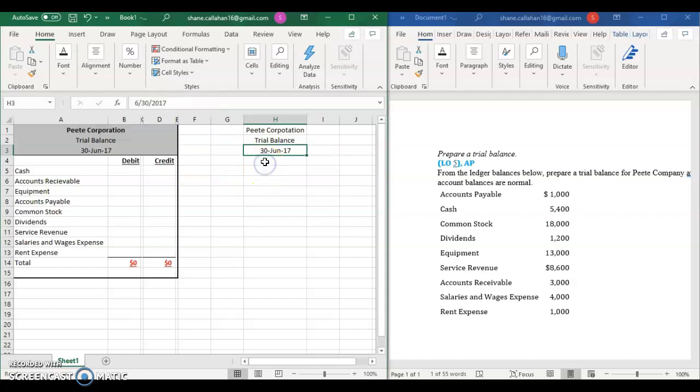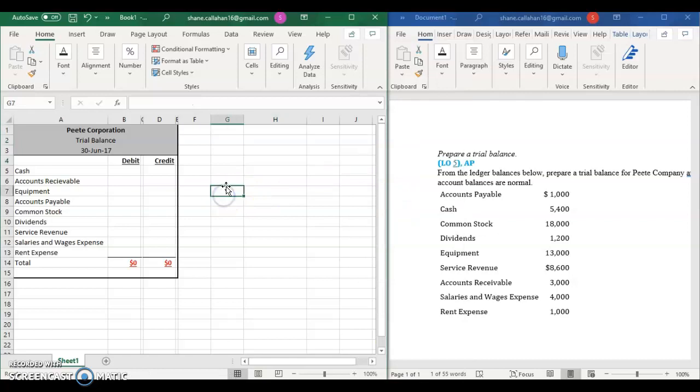And then you can follow along. Just put debit, credit right here, and then put in the account balances as we go.